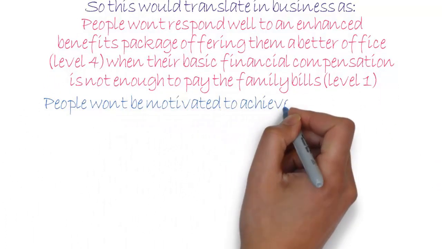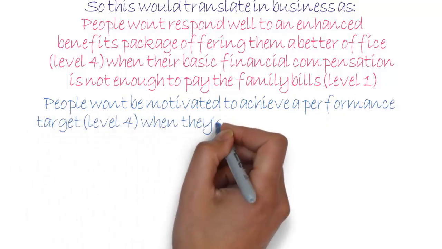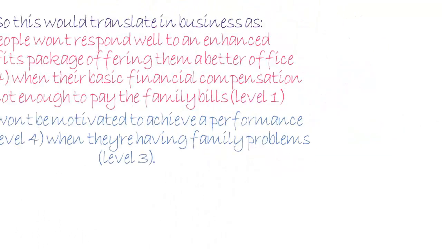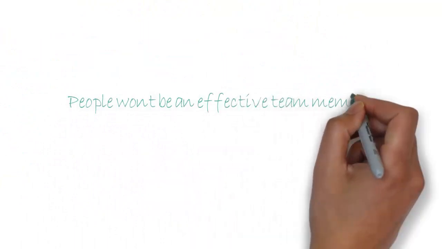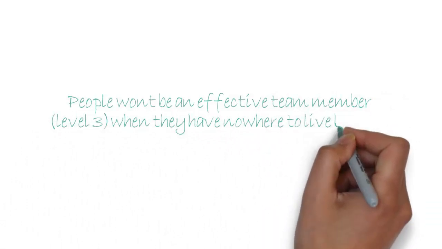You can't motivate someone to achieve a performance target, level 4, when they're having family problems, level 3. You can't expect someone to be an effective team member, level 3, when they have nowhere to live because they fell behind with mortgage payments, level 2.